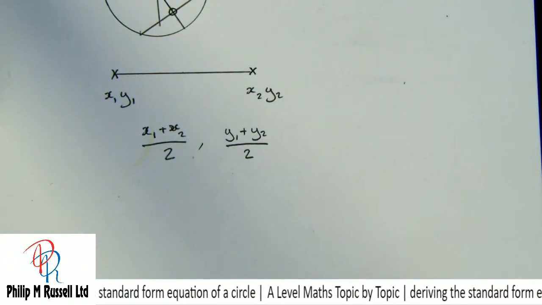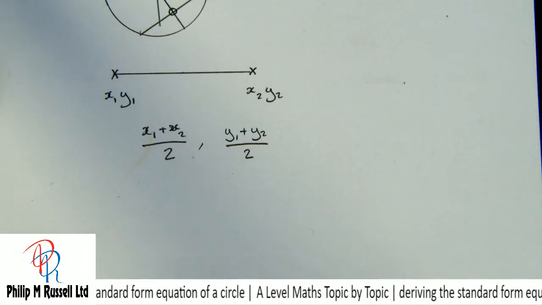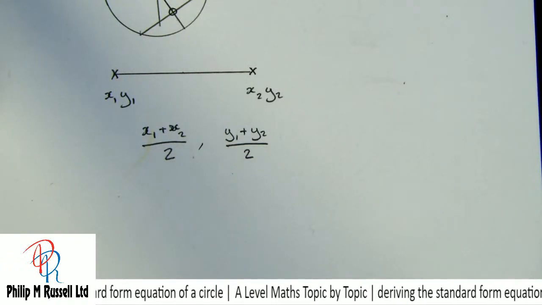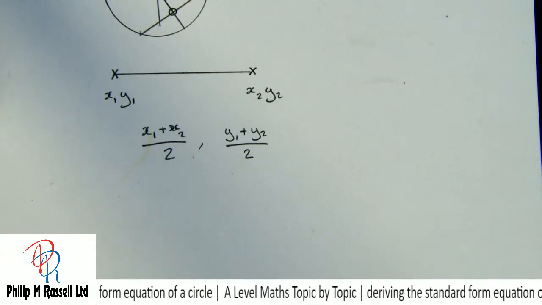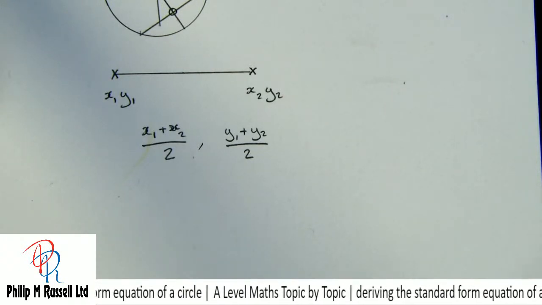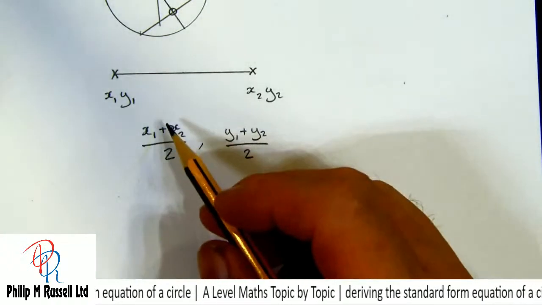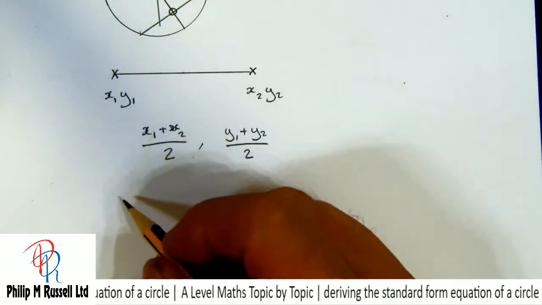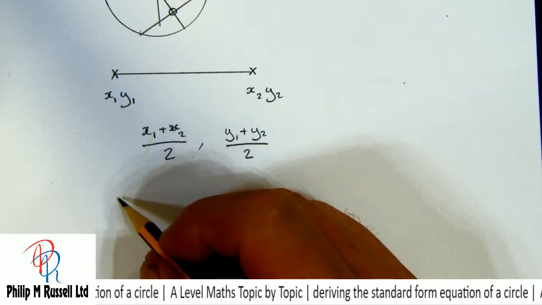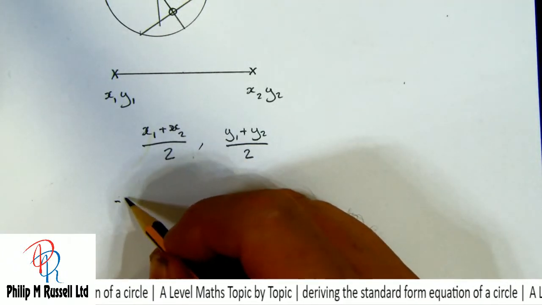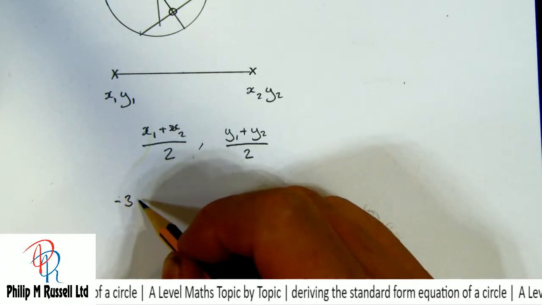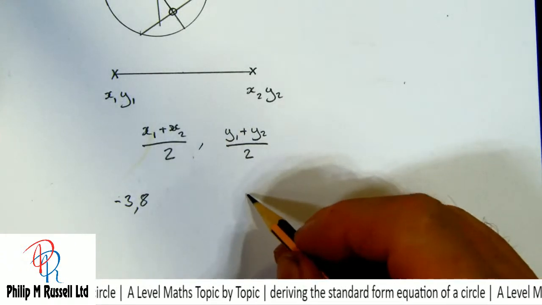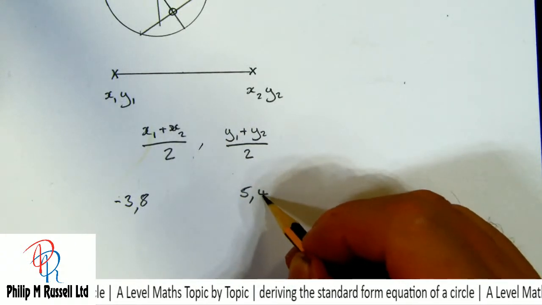Let's have a look and see what we want to try and do. So let's suppose we've got a line segment and we've got some points to this, and let's just choose a couple of points at random. Let's choose -3, 8, and we'll choose something like 5, 4.